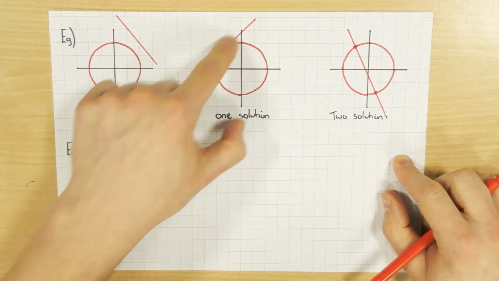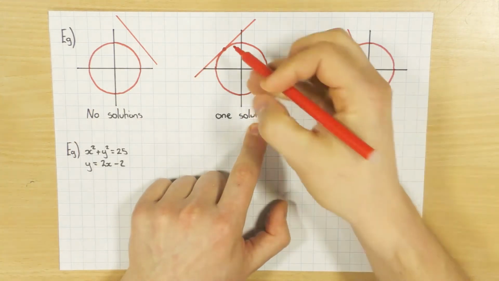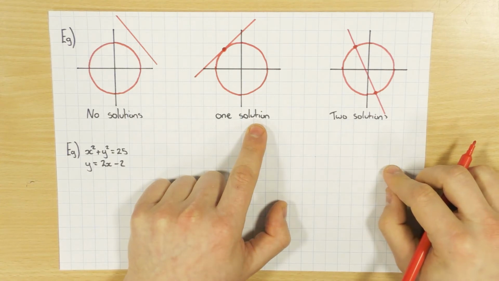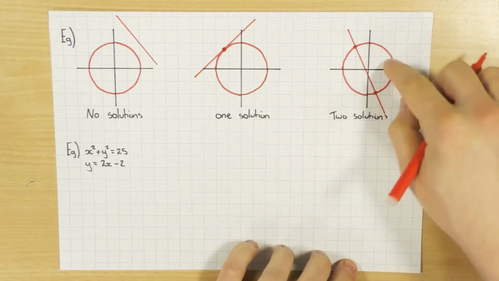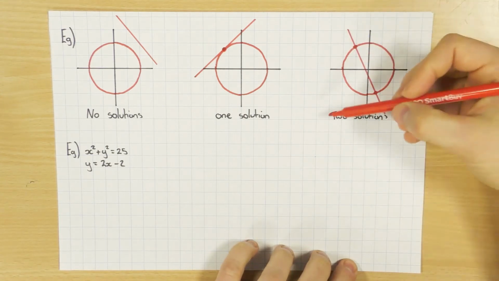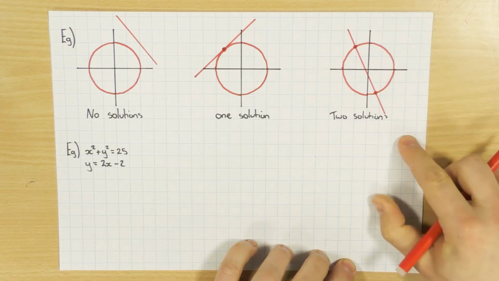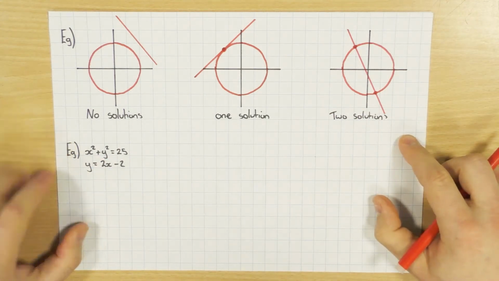In other words, this is the tangent, because it just touches at one place, in which case there'll be one solution, which of course will be that point there, where it just touches the circle. And finally, you'll have this one here, where you've got a straight line going through the circle, and there'll be 2 solutions, that one there and that one there. So they're the 3 possibilities.